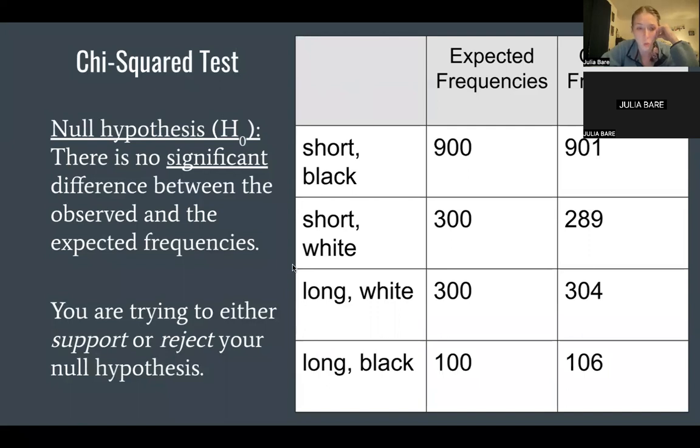Now, the results of your chi-squared test are trying to either support or reject your null hypothesis. So you're trying to either say, yes, there is a difference in the expected frequencies, or no, there is not a difference in the expected versus the observed frequencies.